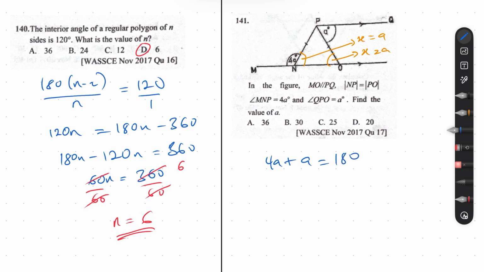So we have 5a equals 180. We can divide both sides by 5, so we cancel out 5. So we'd have a equal to 36.